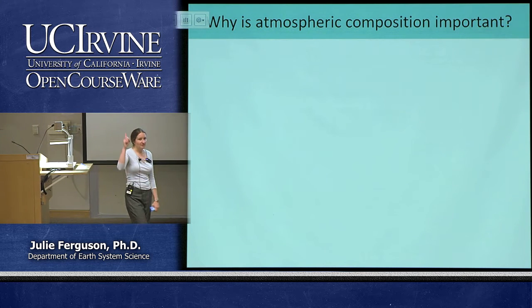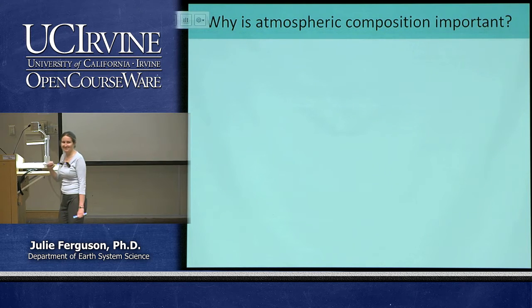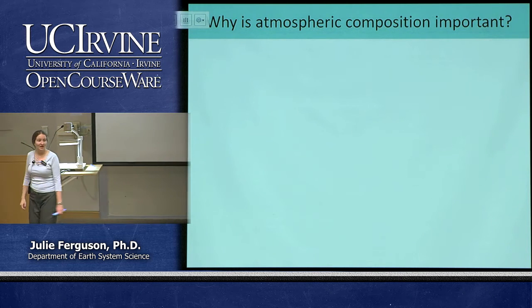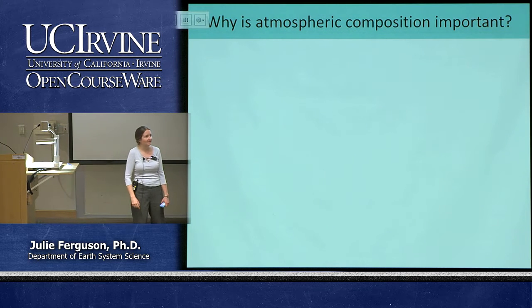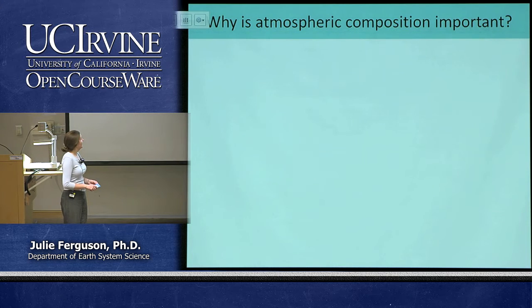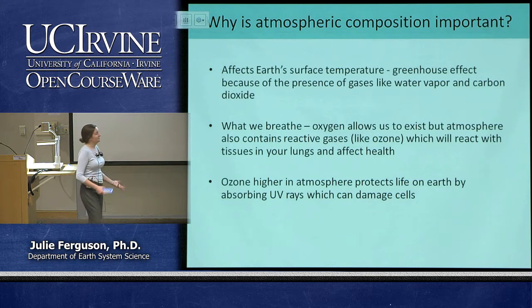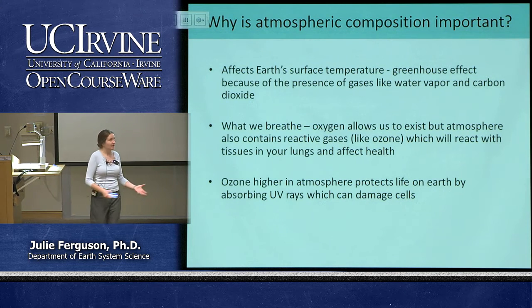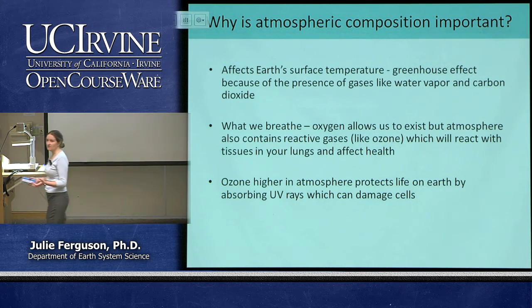What is it that's up in the atmosphere that also helps life exist on Earth? Ozone, absolutely, and we're going to talk about ozone much later in the class, as UCI has had a very important role in ozone. And so, yeah, all of these things are important. Some of these are connections that you might want to make on your concept map. So things like the greenhouse effect affects our surface temperature.